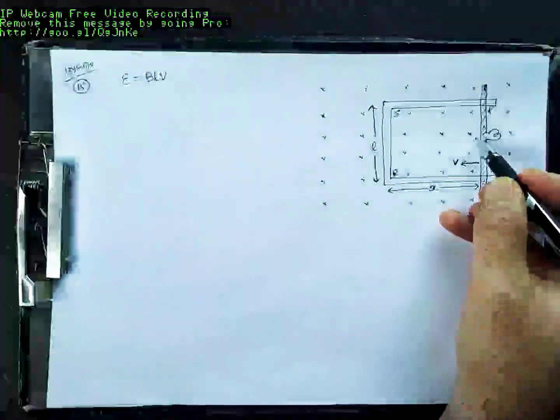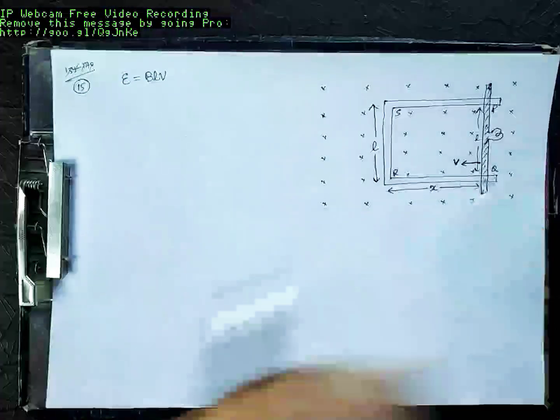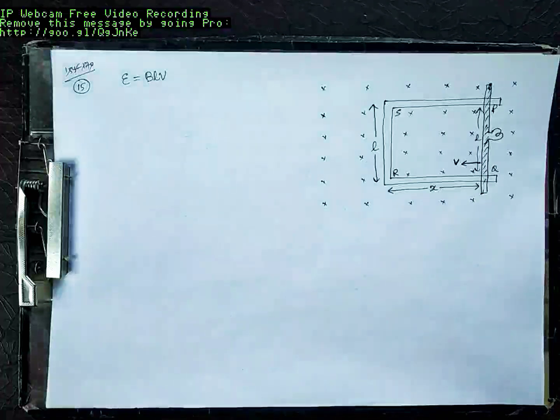This length is L. Velocity is V. B is magnetic flux density.